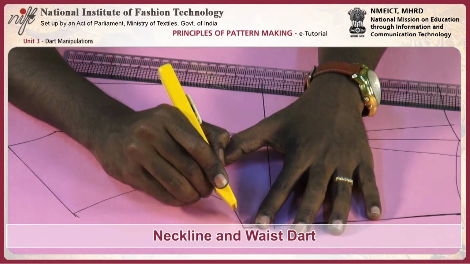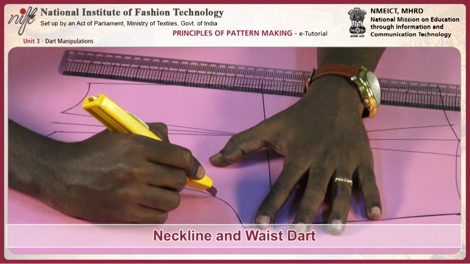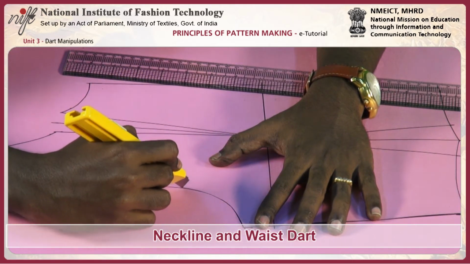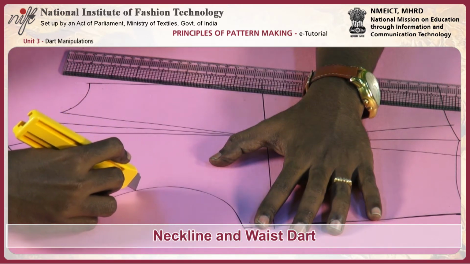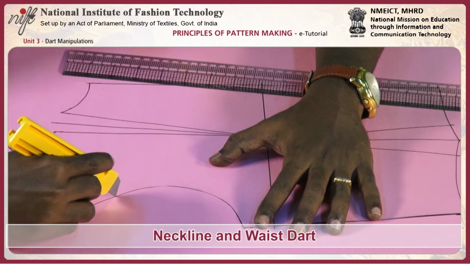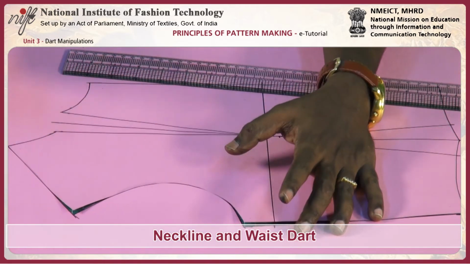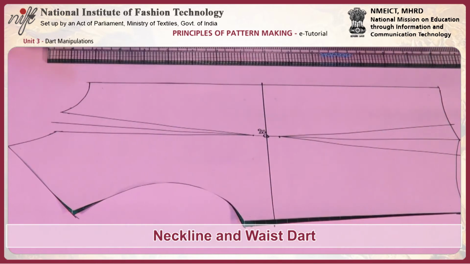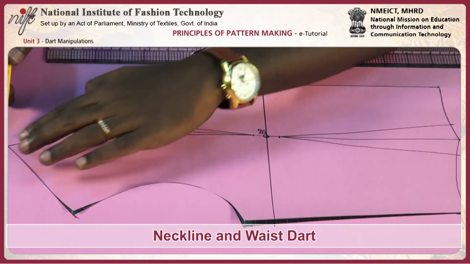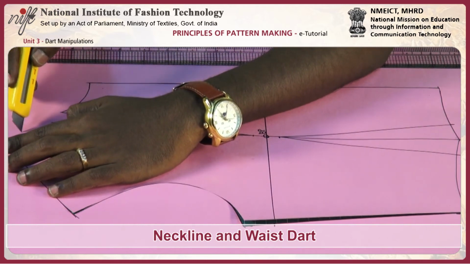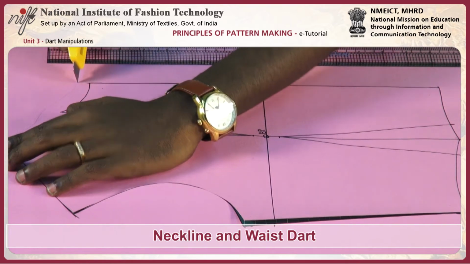Cut the armhole. We have a dart at the neckline and waist, so leave half an inch to 1 inch extra for truing purposes.